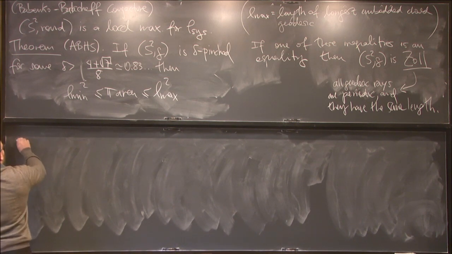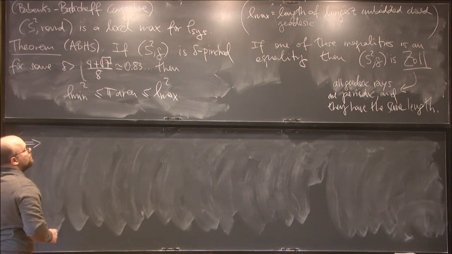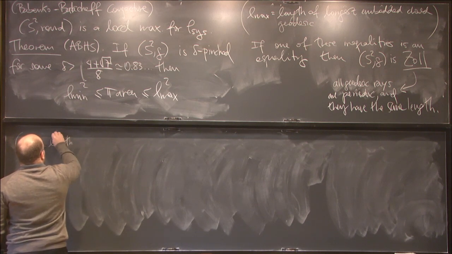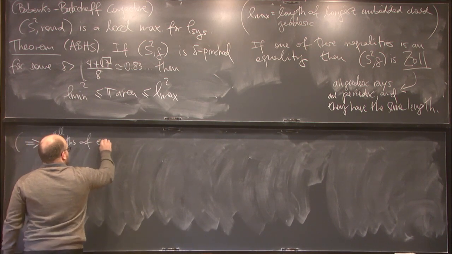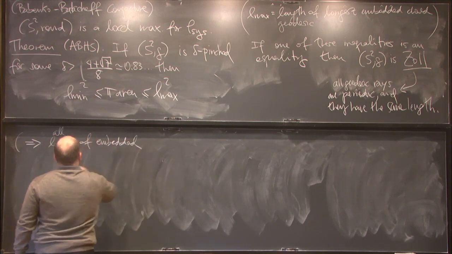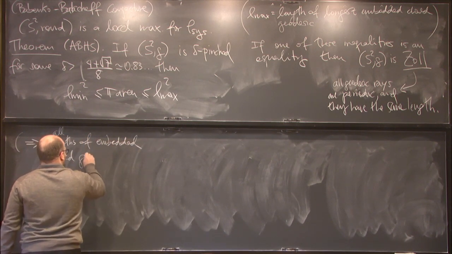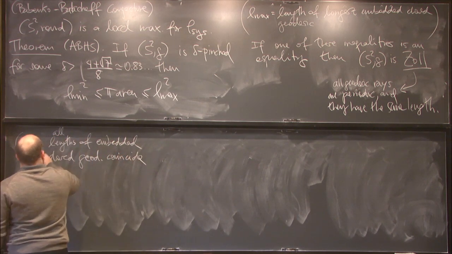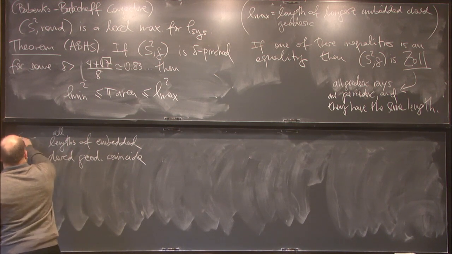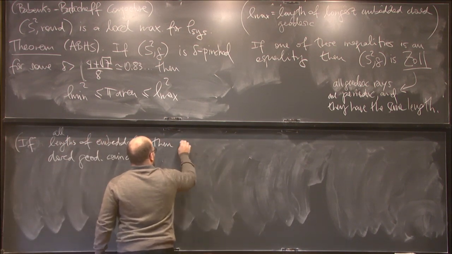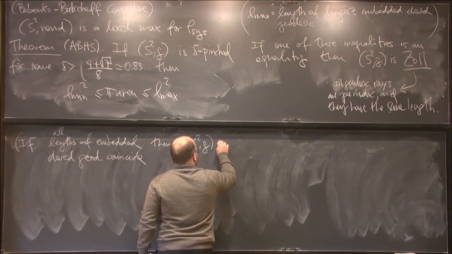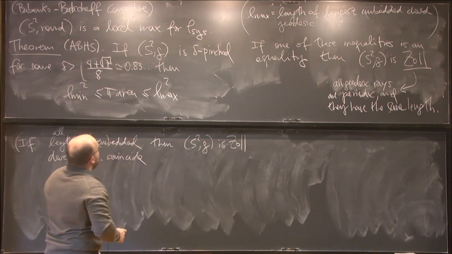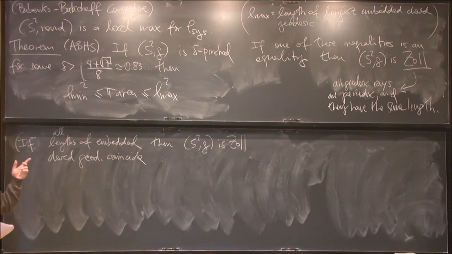In particular, the result implies that if all lengths of embedded closed geodesics coincide, then we are in a Zoll situation, provided that we are under this pinching condition that's implied by this theorem.